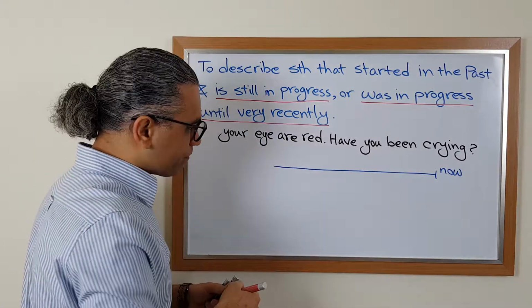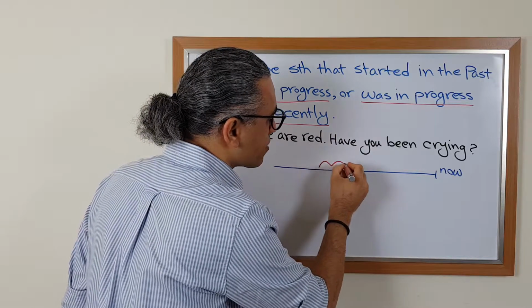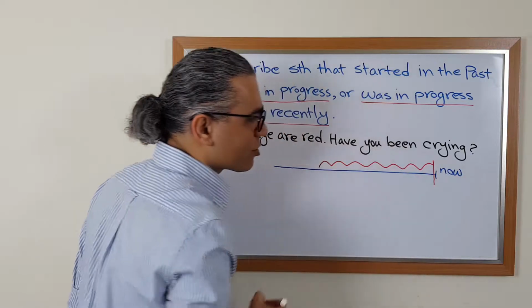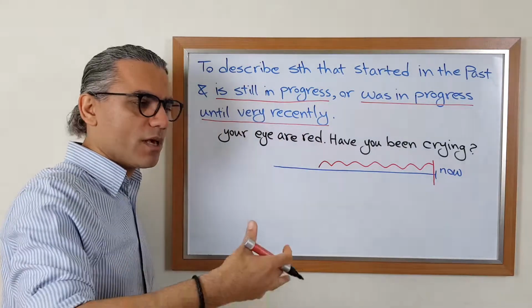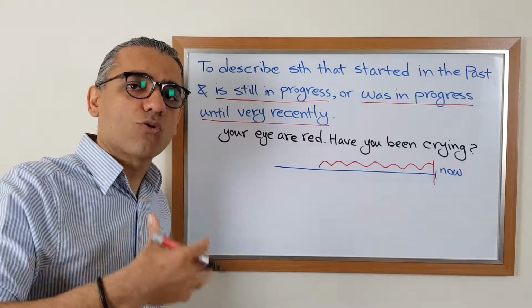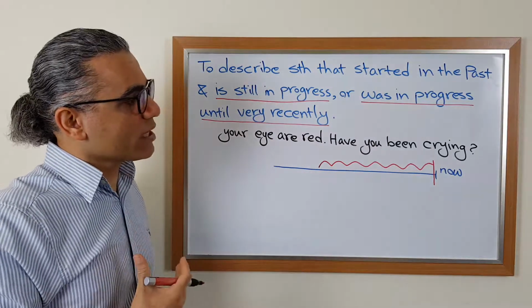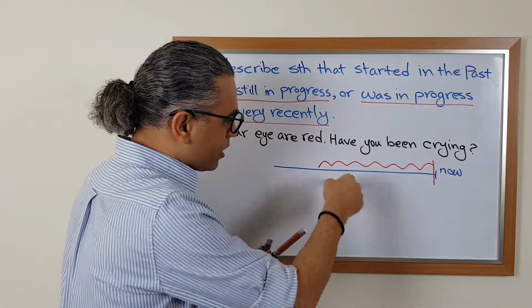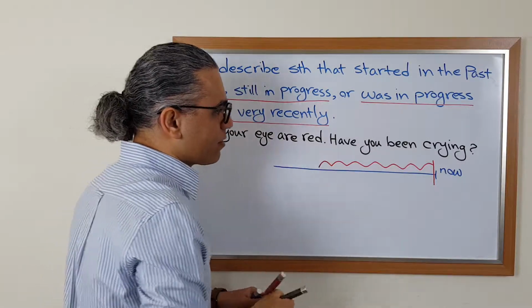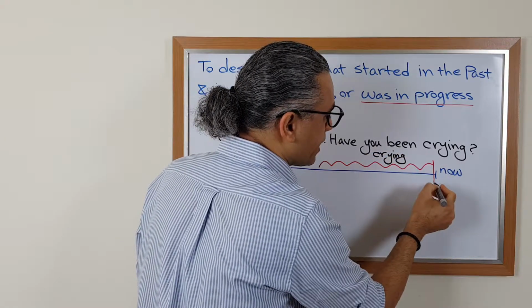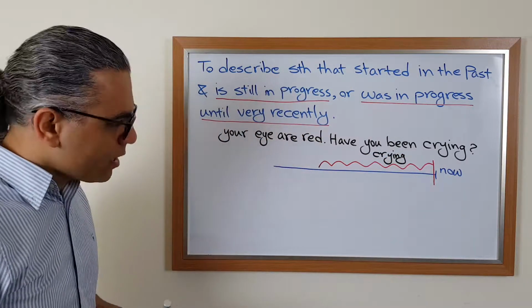So we have something that is started in the past and finished very recently. It means like a few seconds ago or a few minutes ago or a short while ago. The important thing is it has finished. So this continuous action is crying, and it ended here.